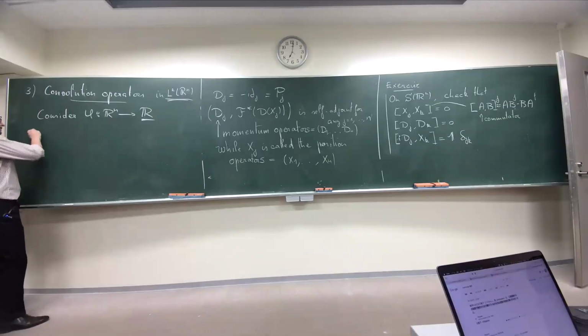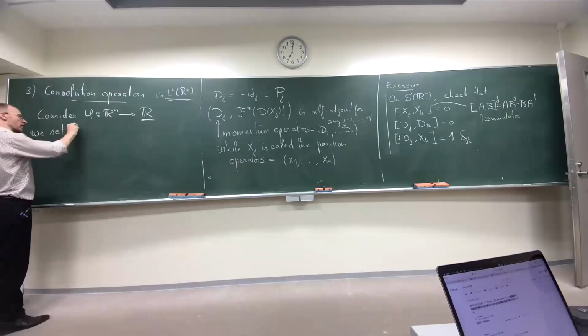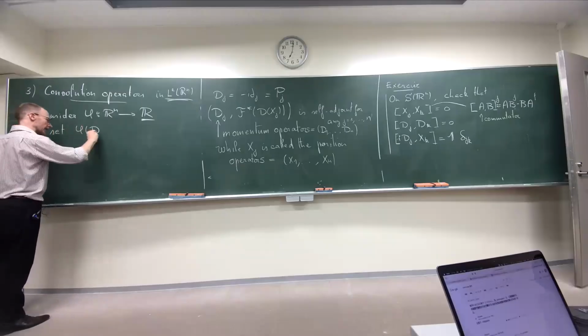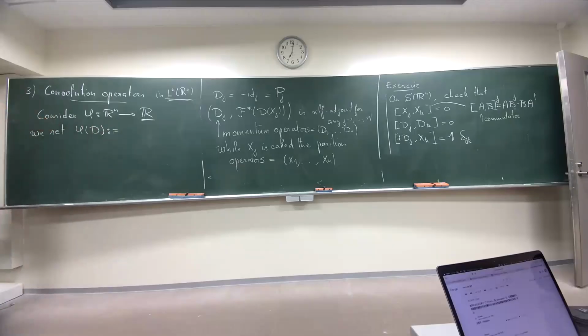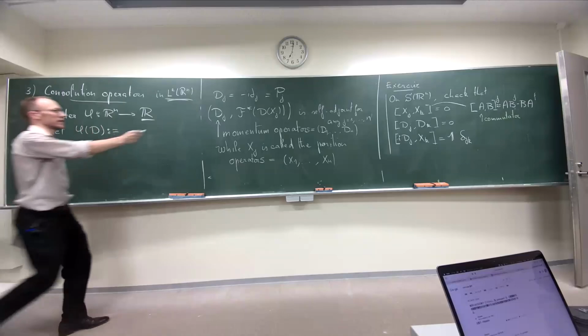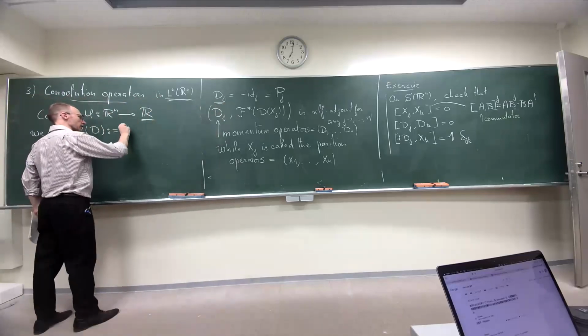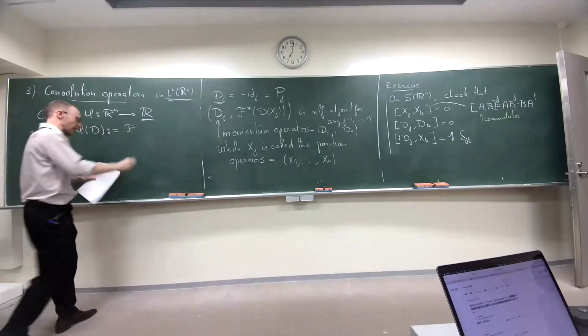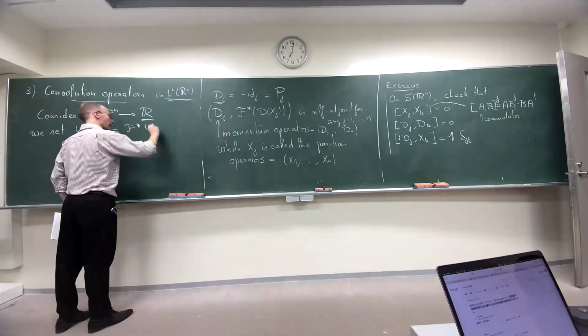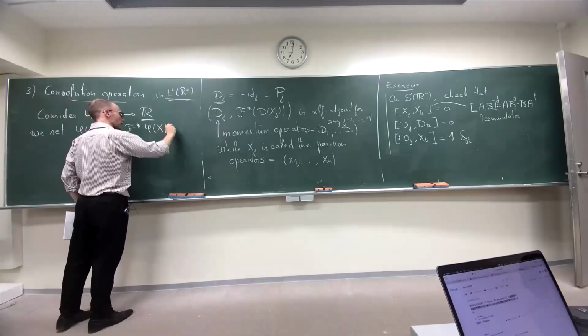And we set phi of D. It's on purpose that I put a D, like this D here. What is the definition? I take Fourier adjoint, phi of X, Fourier.